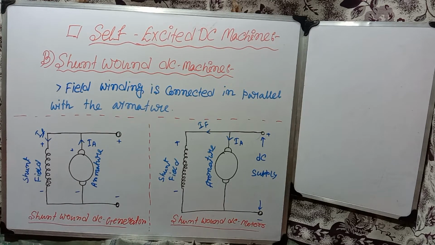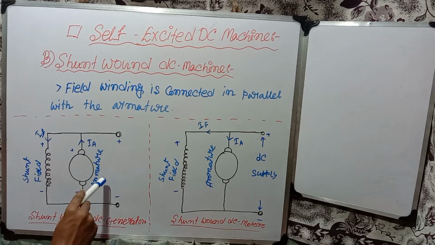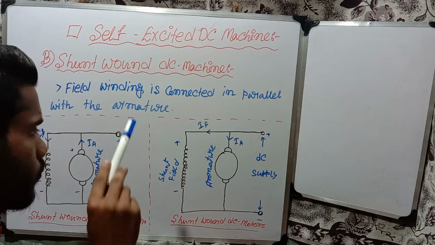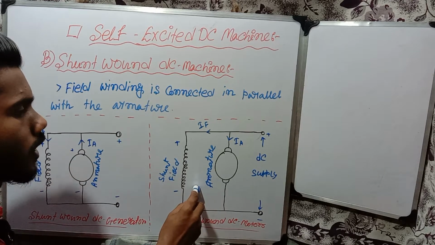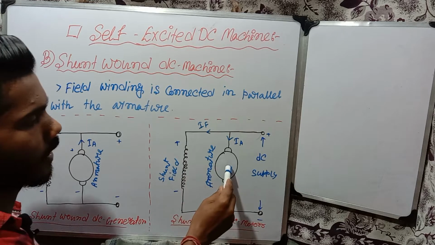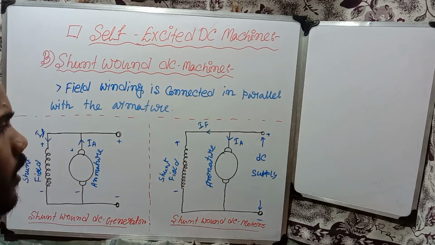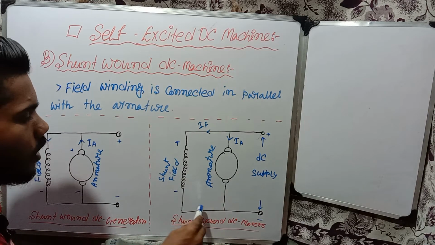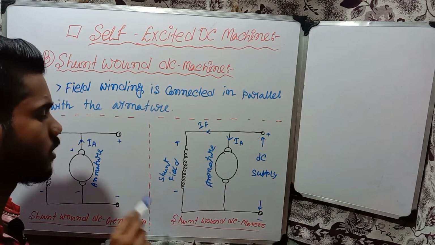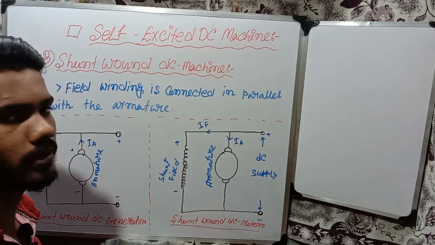That's why we call this machine a shunt wound DC machine or shunt wound DC generator. From this diagram we can see the field winding and armature are also both connected in parallel. So that's why we call this DC machine a shunt wound DC motor. Okay.